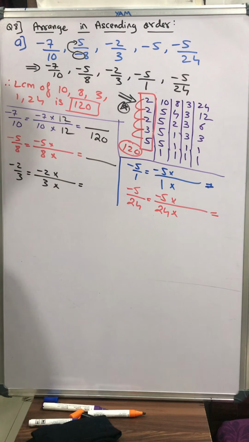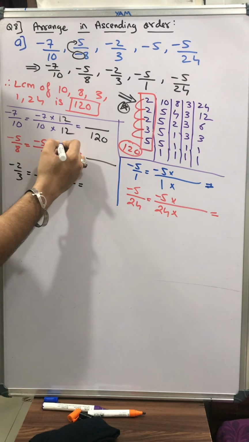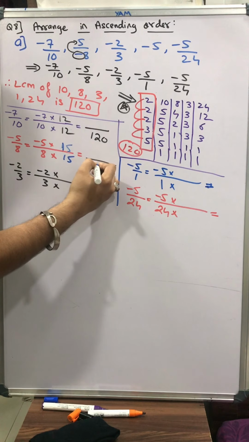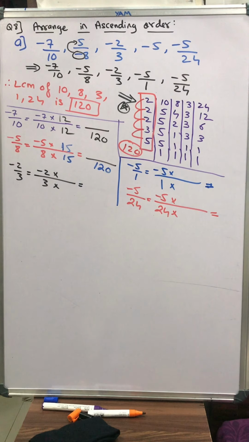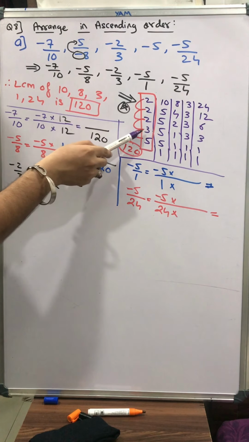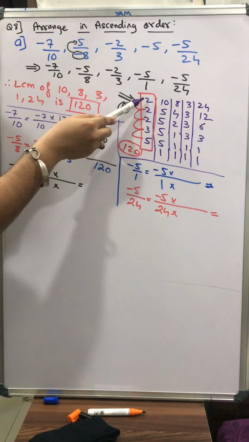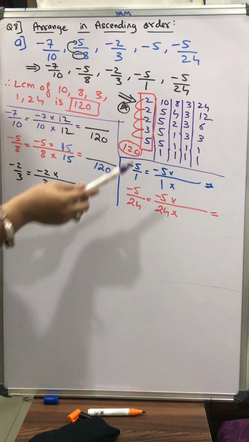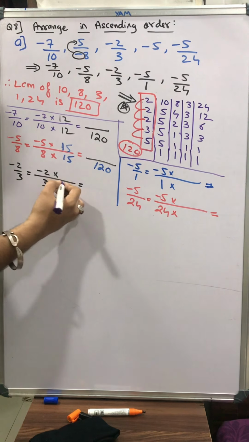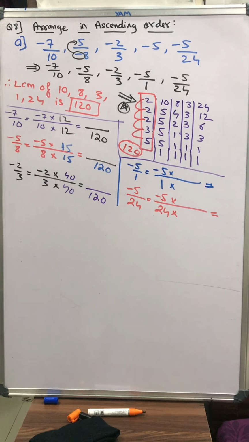So I can easily write 15 here and 15. 15 8s will be 120. Then next I have 3 here. Only one 3 is over here, so I'll just remove this 3. Excluding this 3, what other numbers are left? This 2, 2, 2 is left and this 5 is left. 2 2s are 4, 4 2s are 8, and 8 5s are 40. So 40 and 40, and once again 40 3s is 120.